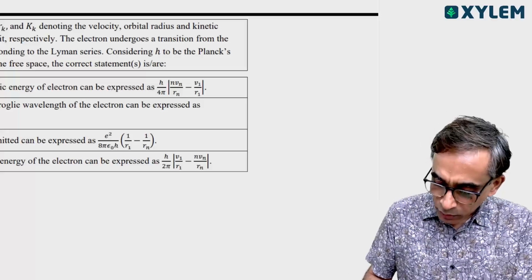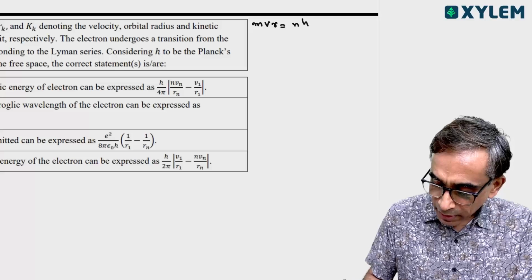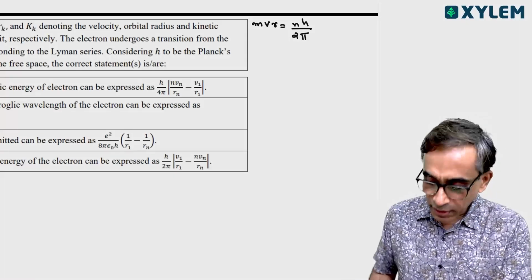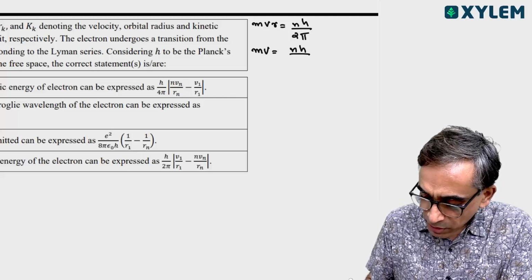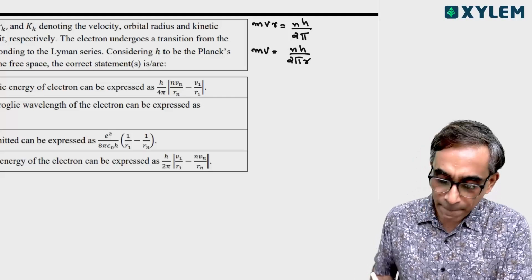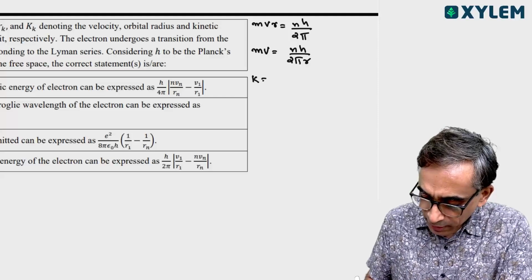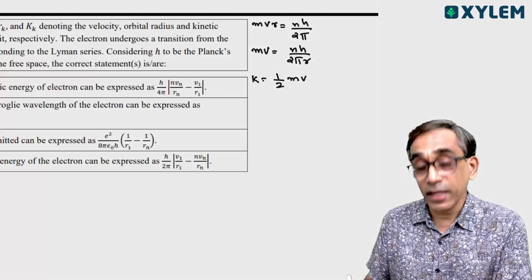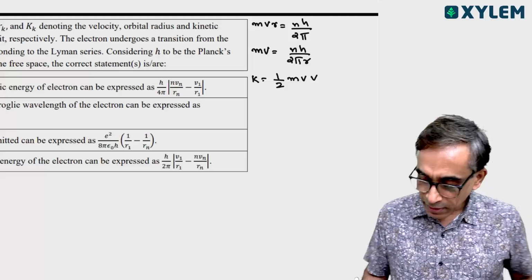We already know that from Bohr's postulate, mvr is nothing but nh by 2 pi. mvr is nh by 2 pi. From this I am writing mv equal to nh by 2 pi r. Now what is the equation of kinetic energy? Normally kinetic energy is written as half mv square. So I am writing it as mv into v, so that I can substitute that mv here.